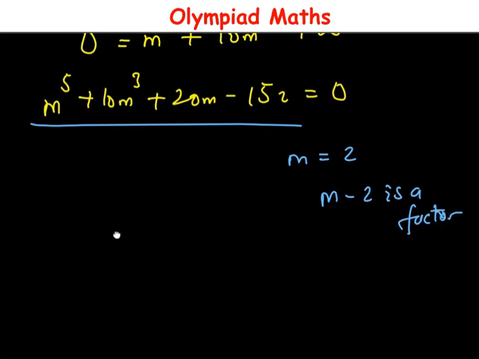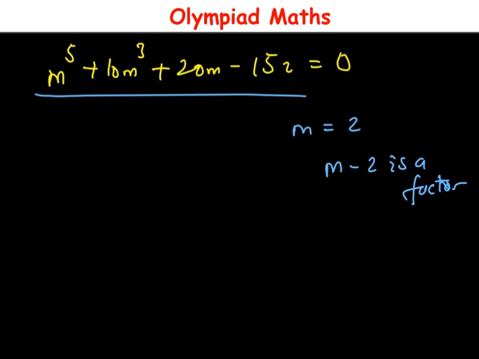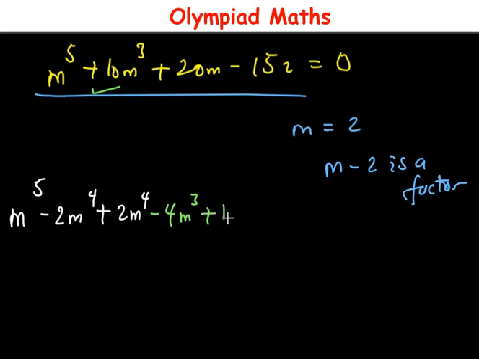So with this, we can then rewrite this equation as m raised to power 5, then subtract 2m⁴, and also add 2m⁴ to this equation. This equals 0, so it won't change the equation. We can write plus 10m³ as minus 4m³, then plus 14m³.